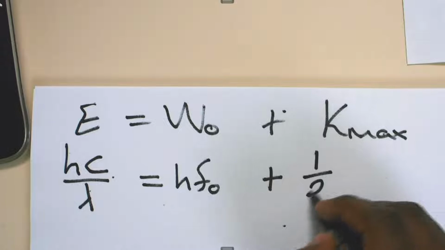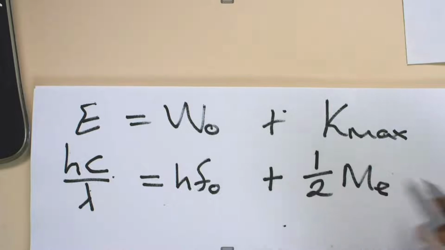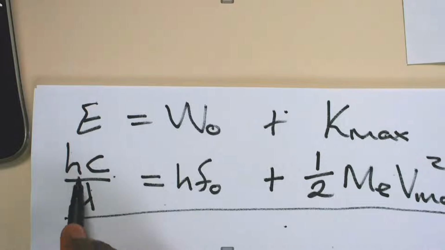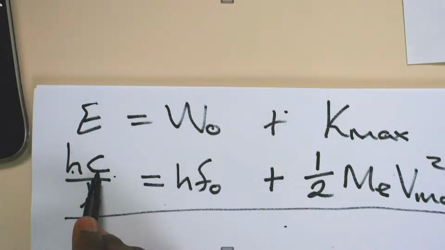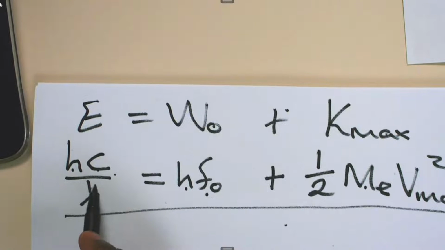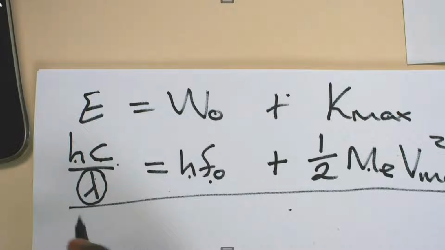We'll then have half the mass of an electron and then v max squared. Now looking at this formula, this is a constant, this is a constant, this is given to us, this is a constant, this is given to us. The only unknown that we have here is what? It is the wavelength. We can then substitute and calculate the wavelength.